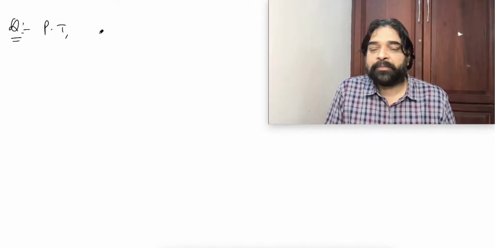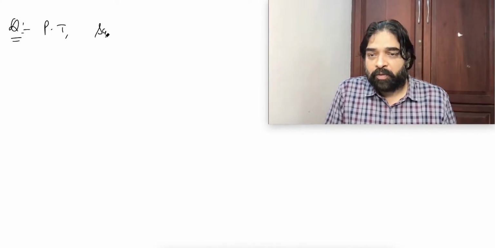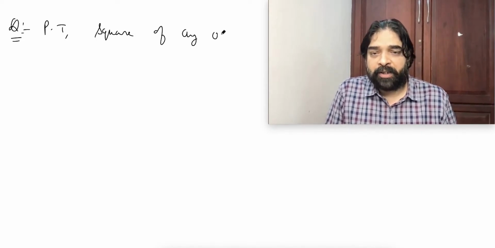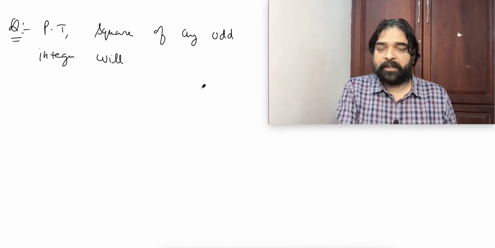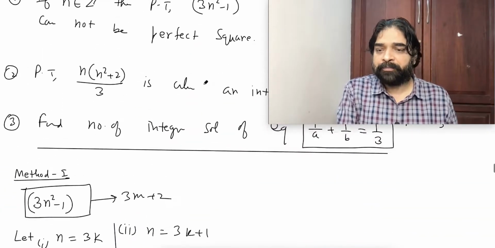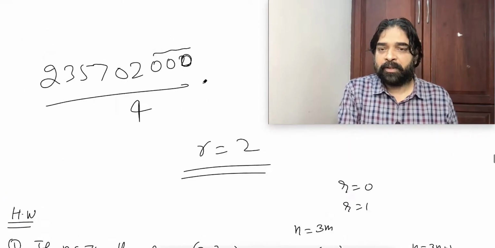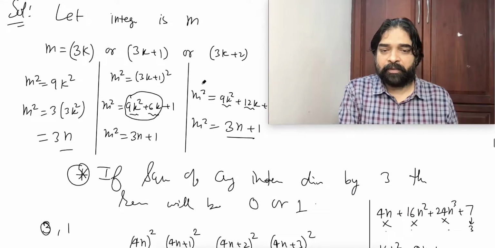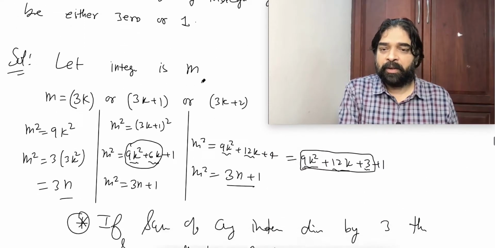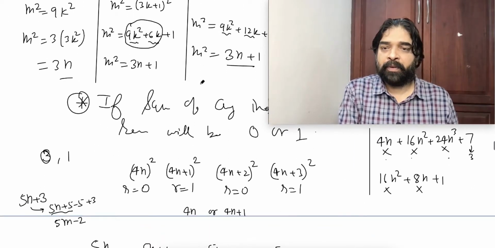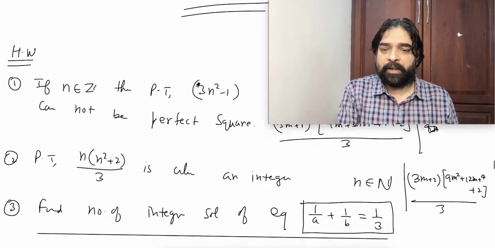Prove that square of any odd integer will be... I think I didn't do this question. Sometimes I forget what kind of question I did and what I did not do. No, I didn't do. Okay.